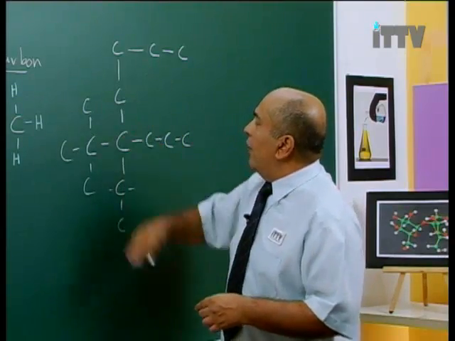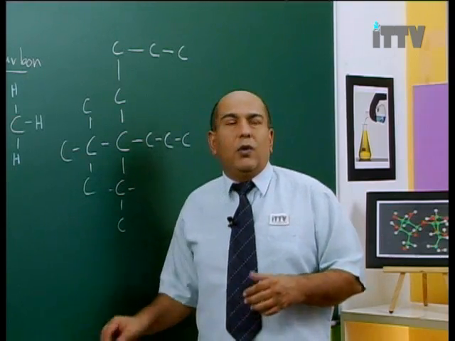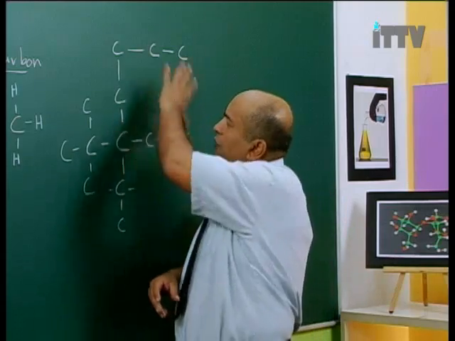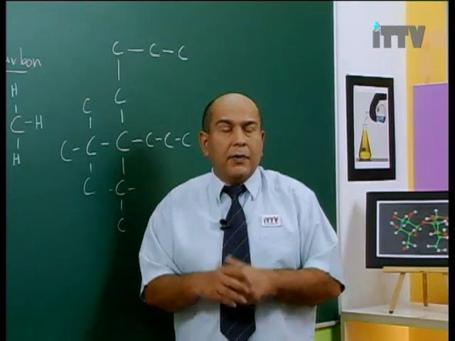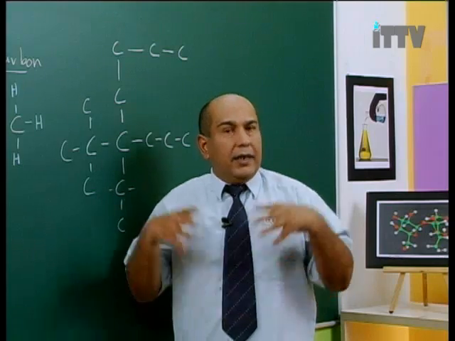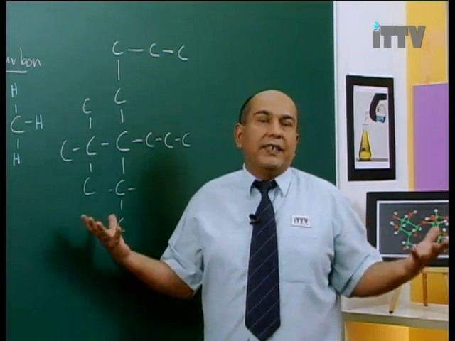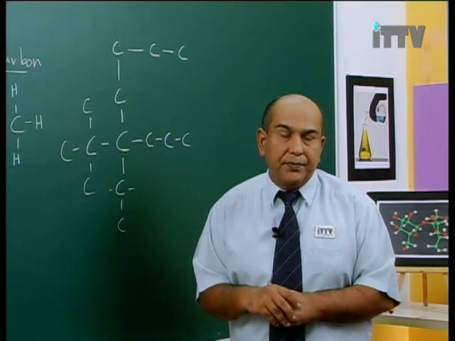And all these bonds are very, very stable, which means we get what we call macromolecules, large molecules that contain basically a carbon skeleton inside them. Because they are very stable, they can last a long time, and they seem to be used as the building blocks of living organisms.